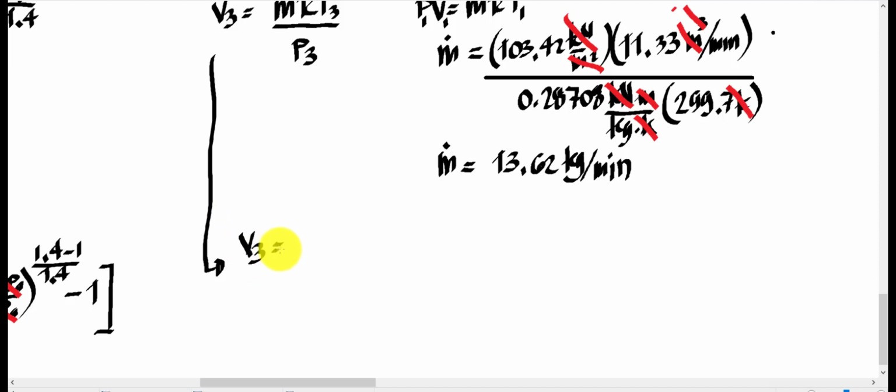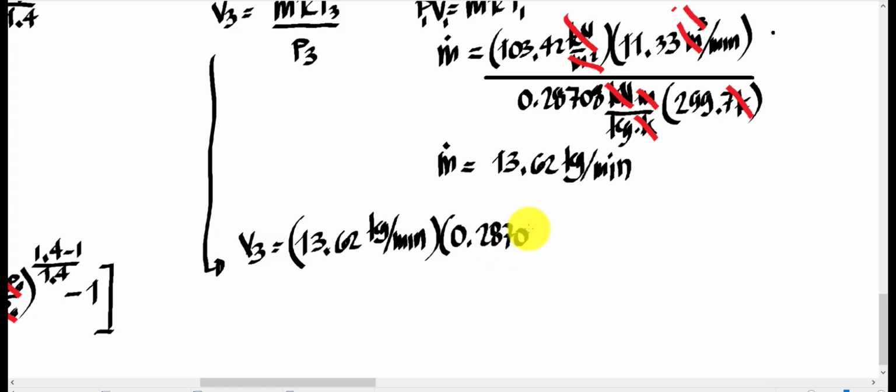So our V3 now will be 13.62 kilogram per minute. I'm gonna multiply this by your R, 0.28708 kilonewton meter per kilogram Kelvin. Then multiply this by your T3.